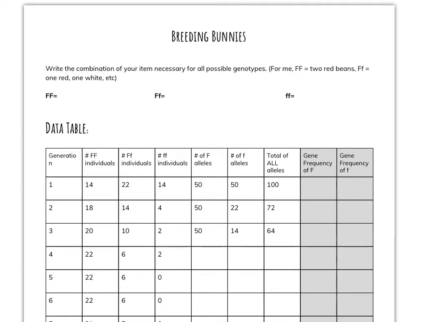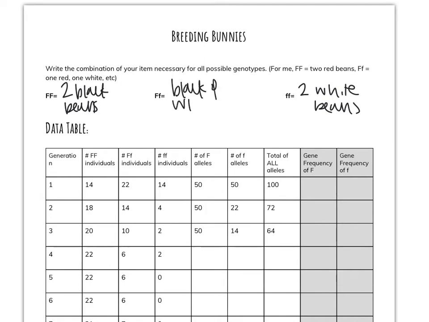And so those alleles for us, little f, were represented by 2 white beans. Okay, and then the 2 dominant alleles were 2 black beans. And then if they were heterozygous, it'd be black and white. Okay, so that's when I was pulling the beans out of the bag, putting them in the cup, all that thing.